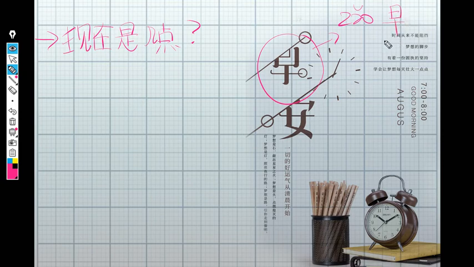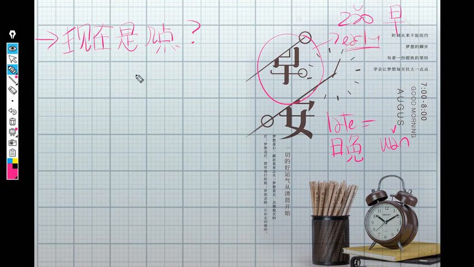I guess it's not very complicated, right? So this is 早. What about late? Late is 晚. 晚 is like this. So that's 1. And this is so early.